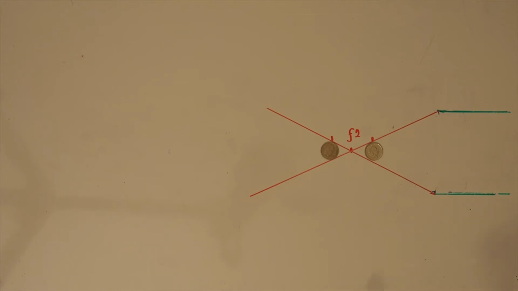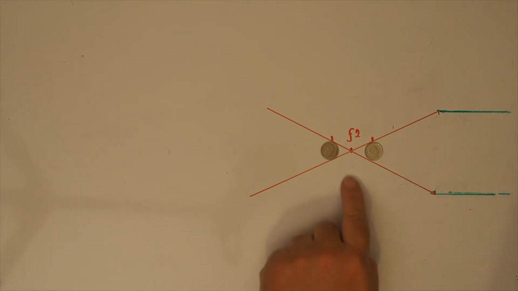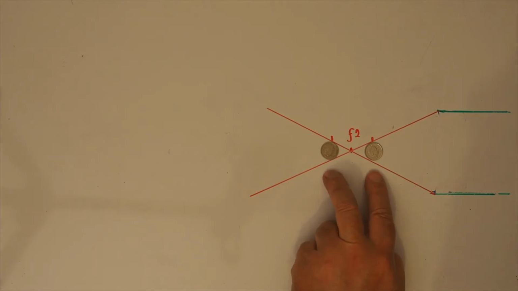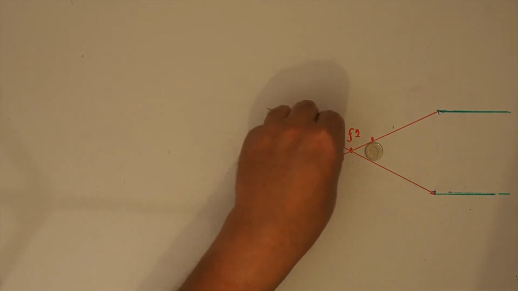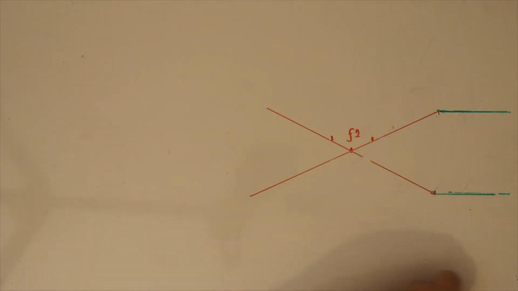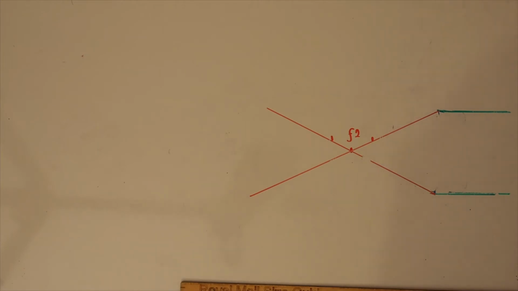I've redrawn the diagram to show the imagined closest focusing point of the lens, and as you can see, the depth of field here is quite narrow. What I like about this diagram is that you can demonstrate how depth of field changes with distance.